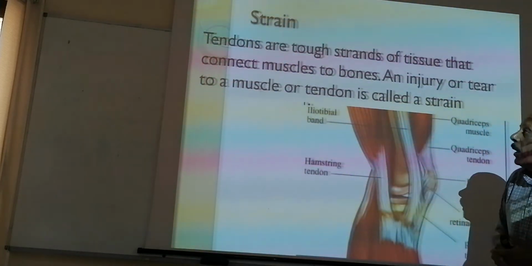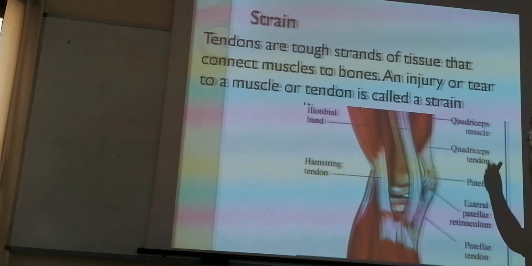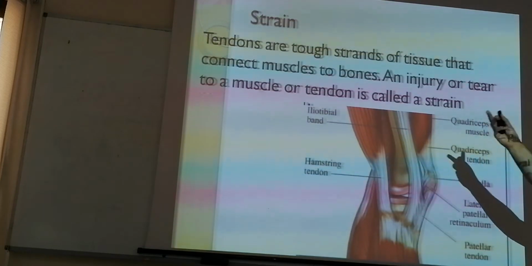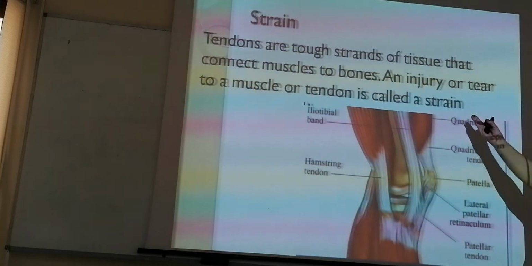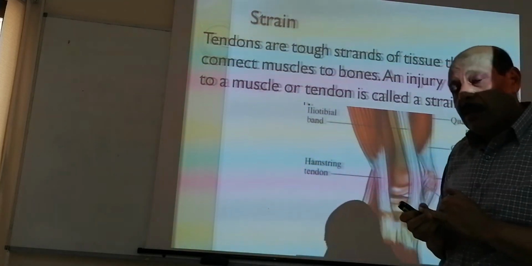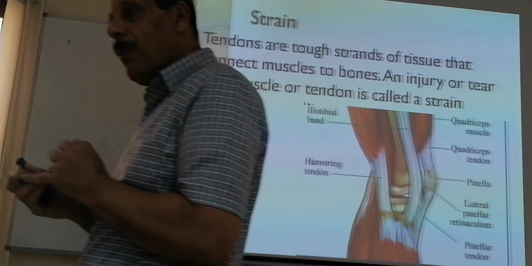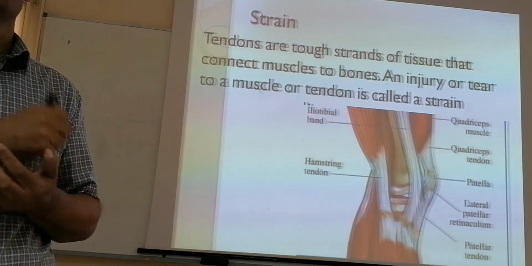So a strain involves the tendon, which is a tough strand of tissue that connects the muscle to the bone. An injury or tear to the muscle or the tendon is called a strain. So a strain is either an injury to the muscle fiber or to the tendon that fixes the muscle to the bone.